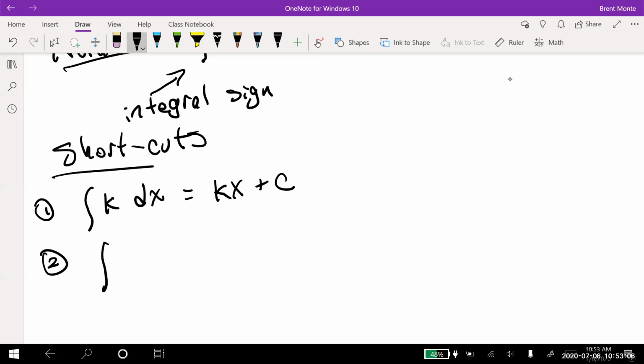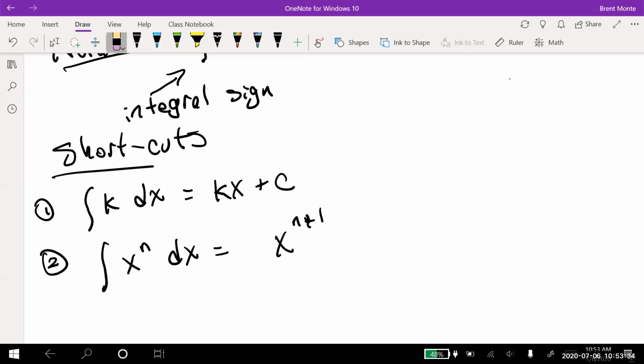The other one is our power rule. Now, if I've got x to the n power, again, with respect to x. Now notice that the integral sign and the dx go together. You can't have one without the other. It wouldn't make any sense. Well, remember, we would take that n down in front and then drop it by 1 if I'm taking the derivative. Well, instead of dropping it by 1, I'm going to add 1 to the exponent.